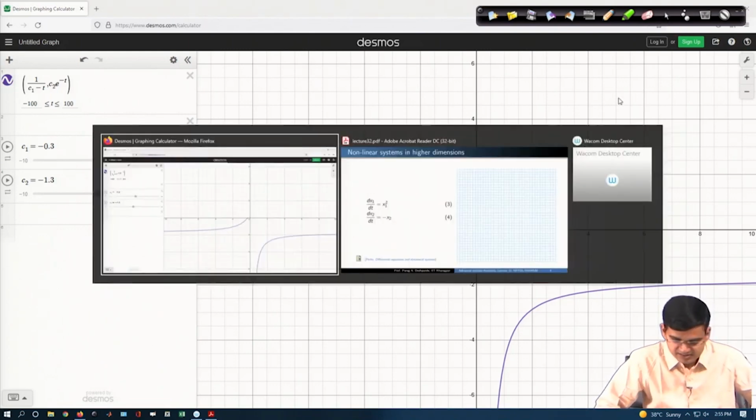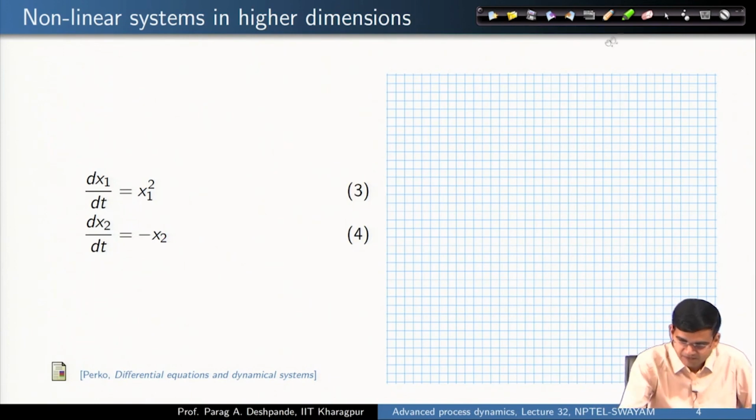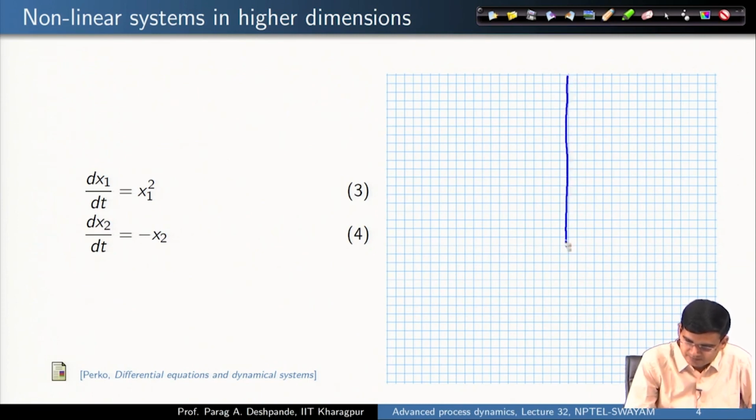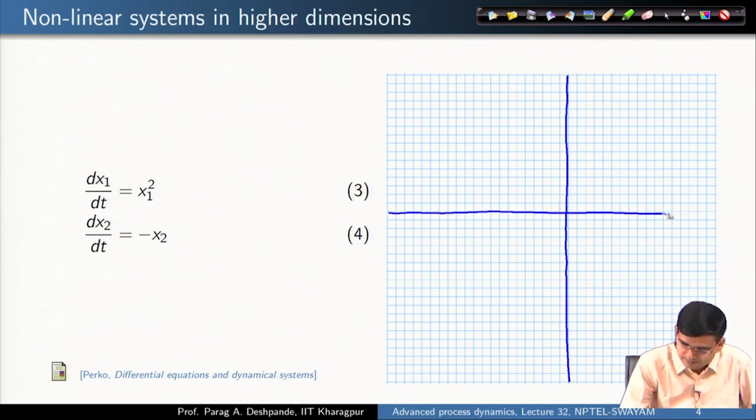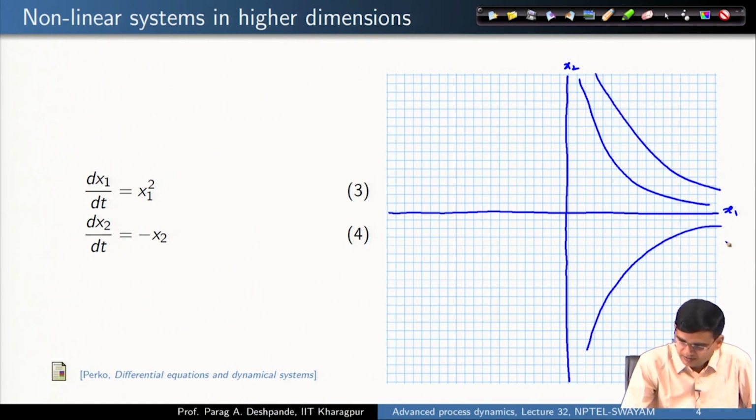So, let me draw this phase portrait here. The phase portrait would look like this. This is x1, this is x2. So, the phase portrait is this.